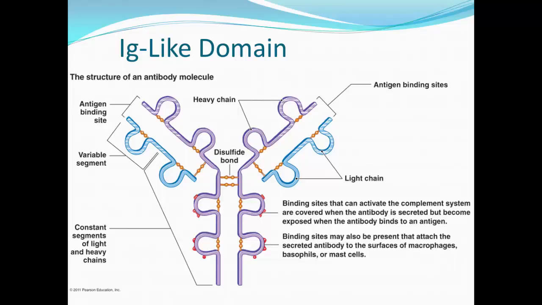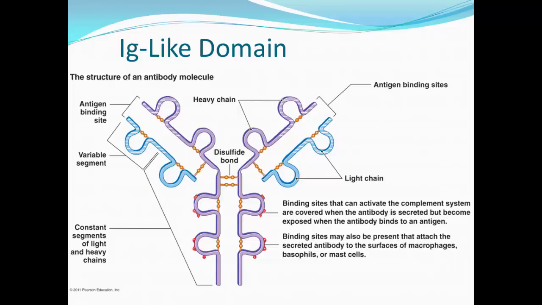Now all this means is that the variable regions or the variable segments is where their binding is going to occur. There will not be binding with any antigens in the constant domain.